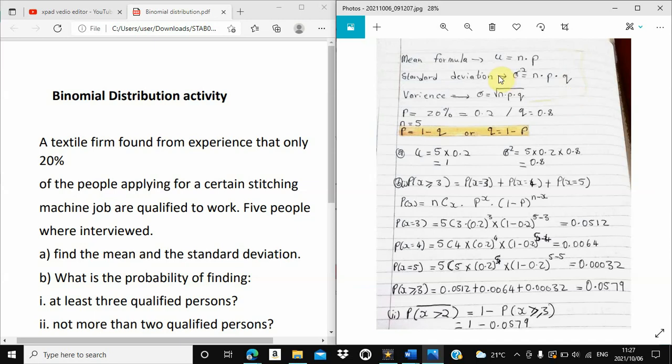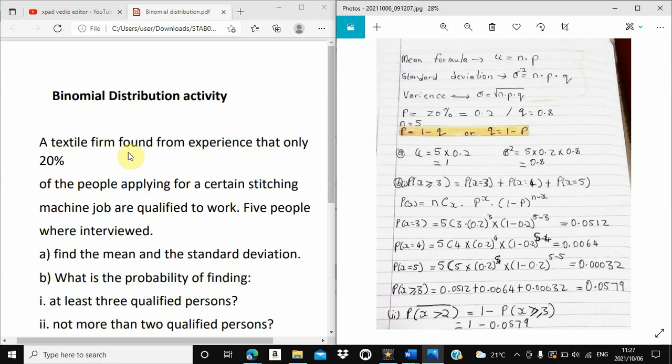Now, our standard deviation is denoted by N times P times Q, which is the sample size times the probability of success times the probability of failure. From there, our variance is going to be the square root of the standard deviation. So now, to understand this better, here is the question.